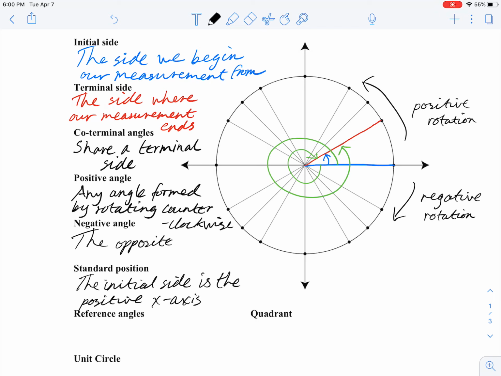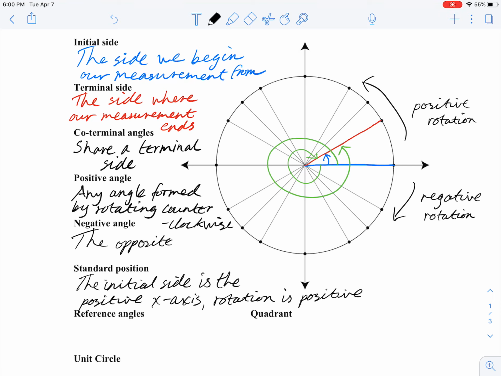So our first angle in blue right here, this angle is in standard position. Should also add, and rotation is positive.